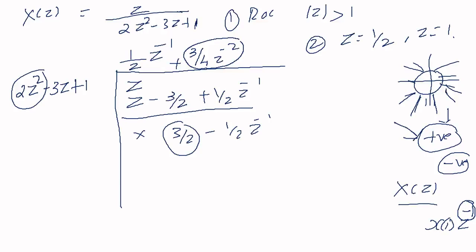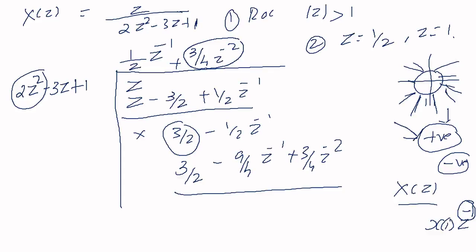So that is the reason I am multiplying this one by 3 by 4 z power minus 2. So what will I be getting? 3 by 2 minus 9 by 4 z inverse plus 3 by 4 z power minus 2. With this subtraction, this one will vanish out. So this is 7 by 4 z power minus 1 minus 3 by 4 z power minus 2, right?